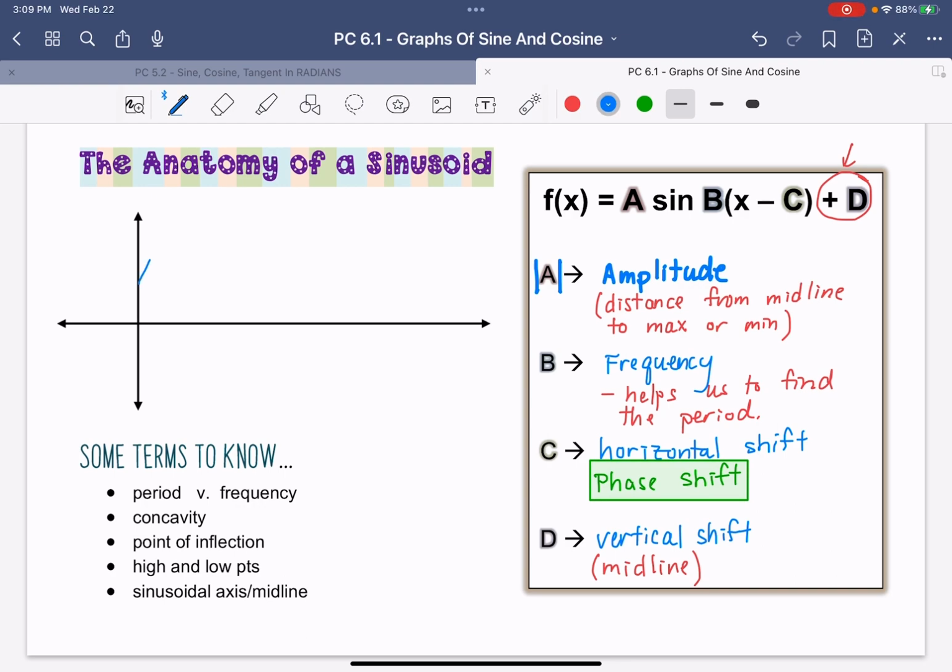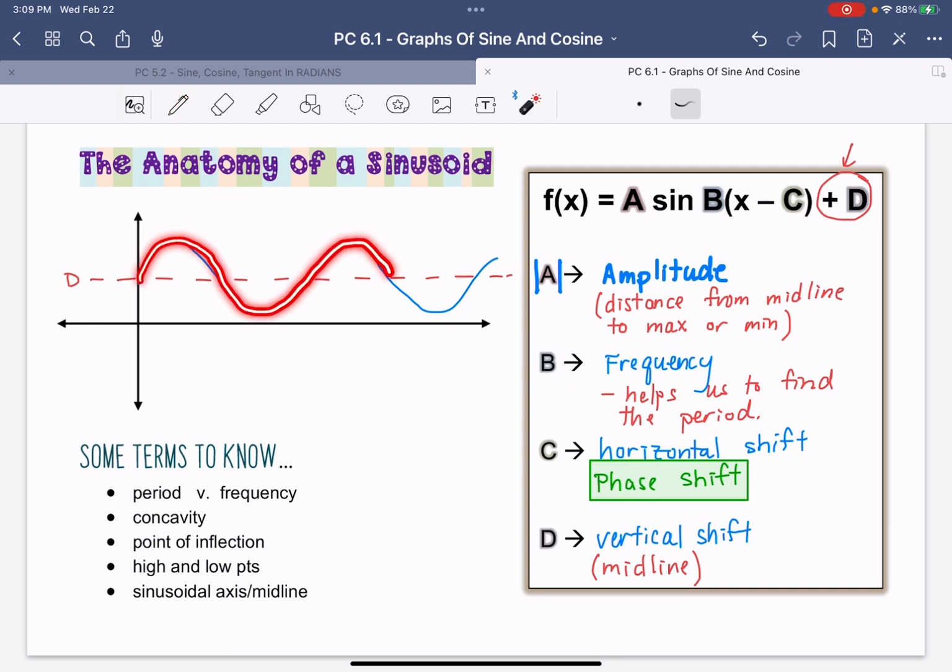So I suppose I could graph a sinusoid here real quickly. Notice this one has been shifted up. I'm going to graph this midline. This would be my D value. And it's basically the line that this sinusoid has been oscillating about here.